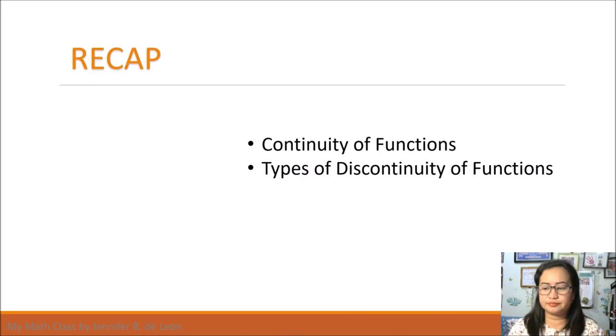Now let's have a recap of our lesson for today. There are two main concepts that we have learned. We have continuity of functions, which literally means tracing the graph of the function without lifting our pen. We can also use the three-step method in order to determine whether a function is continuous at a number or not.